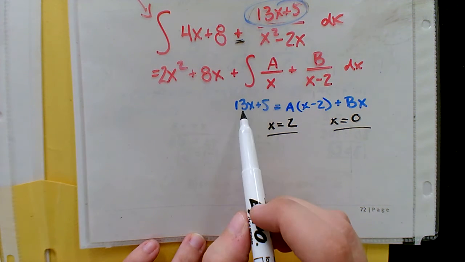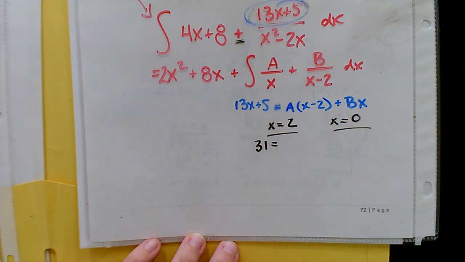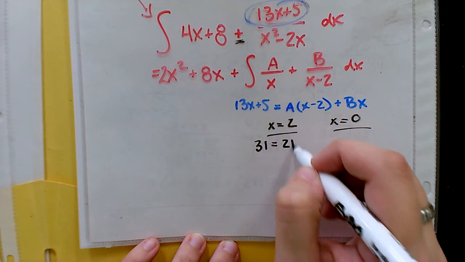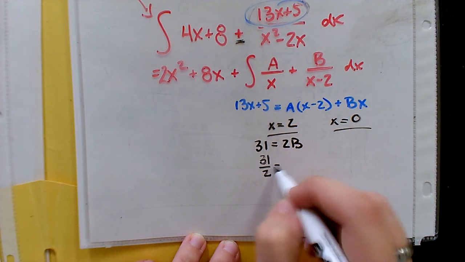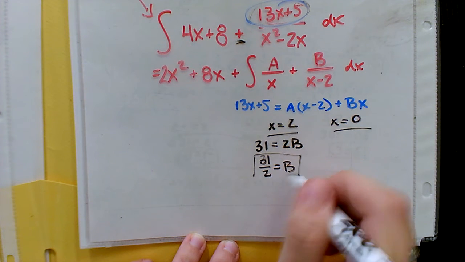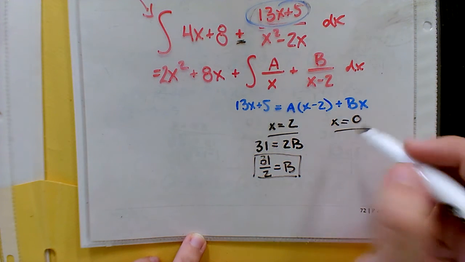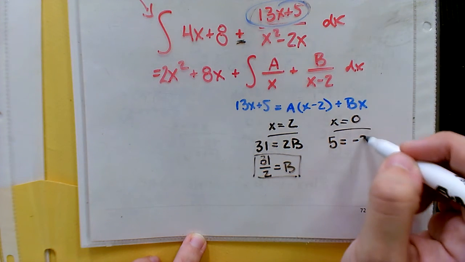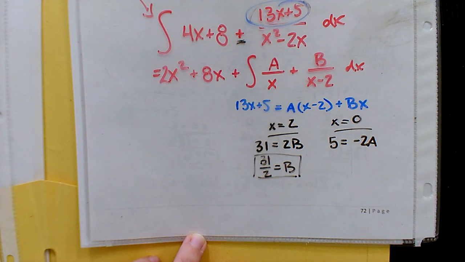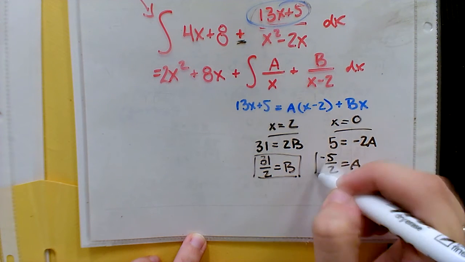If we plug in 2, 26 plus 5, we'd have 31, and then a 2B. So B looks like 31 halves. If we plug in 0, we'll have 5 equals negative 2A. So A is negative 5 halves.